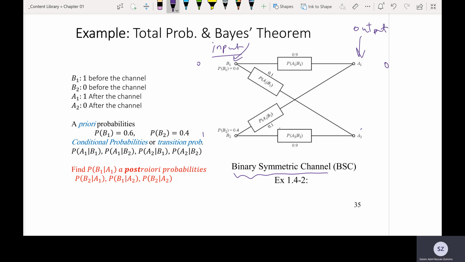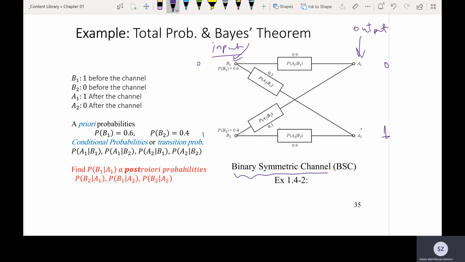Now, 10% of the time you send B1, however you make an error. You receive it as 1. So 10% of the time, if you send 0, you receive it as 1. So the probability of receiving A2, given that you sent B1, equals 10%. Similarly, if I send B2, there is a probability that I get A2, which is 1.